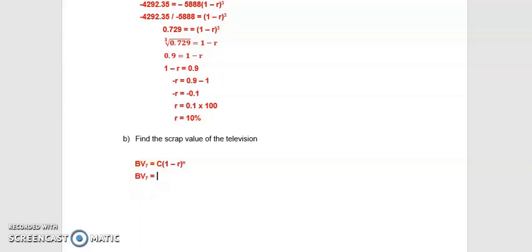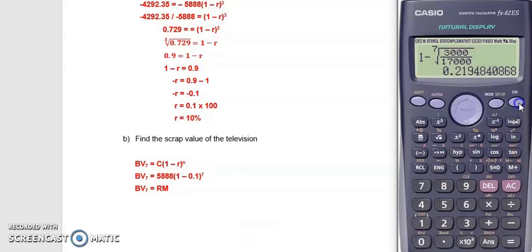So cost just now is 5888 multiplied by 1 minus 0.1 power of 7. So 1 minus 0.1 is 0.9 power of 7 equal to this one, and then multiply by cost. So book value year 7 is 2816.21.